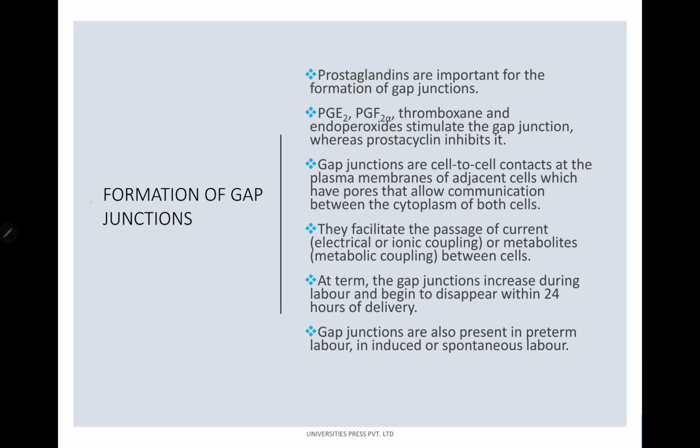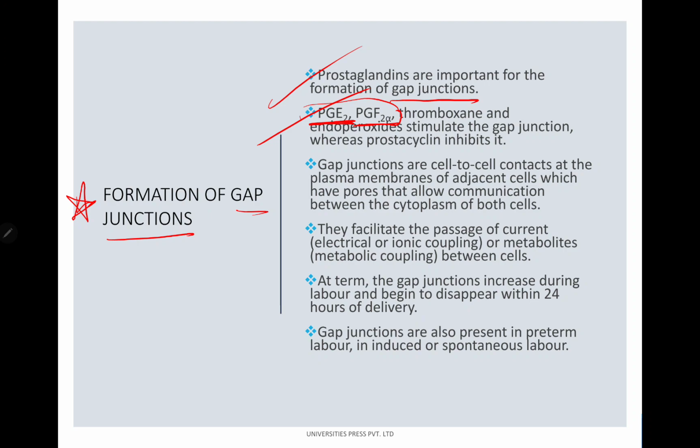So coming to how these gap junctions are formed, the prostaglandins are important for the formation of gap junctions. As we know, we already studied PGE2 and PGF2 alpha, the most important ones. Thromboxane and endopeptides also stimulate the gap junction, whereas prostacyclin inhibits it.